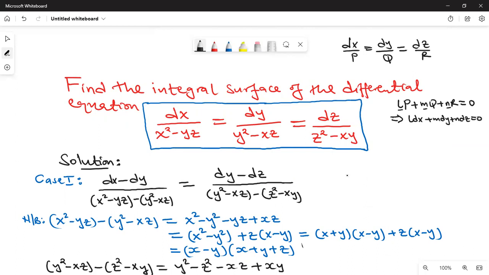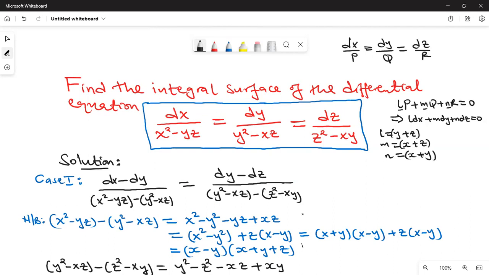So when solving such kind of equations, there is no formula. It is just a matter of trial and error, what we call intuition. Just look at the equation and see what will work for you. So if I look at the equation, I can use the method of multipliers where L is y plus z, M is x plus z, and N is equal to x plus y.